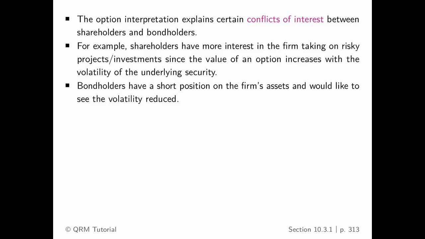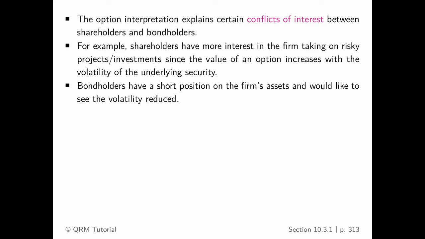And because Merton was involved in the Black-Scholes-Merton model, he began to think about how he could value the equity and the debt in this context. He probably also saw that it made some kind of economic sense in that it explained certain conflicts of interest between shareholders and bondholders.